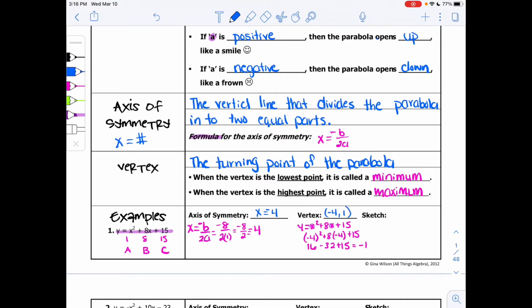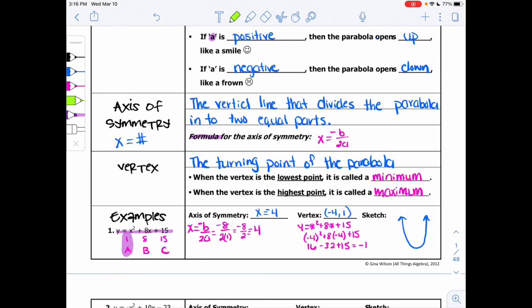Then we can make a sketch. When we make a sketch, we're looking for whether the parabola opens upward or downward, and then we label our vertex and our axis of symmetry. Because a over here on the left is a positive 1, we know it opens upward. So we're going to draw a parabola opening upward.